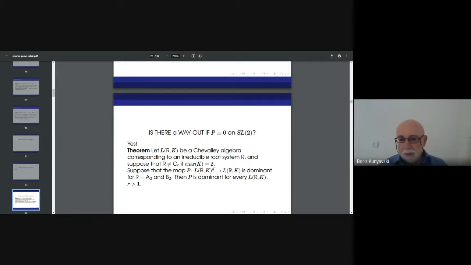So we tried to mimic Borel's proof. In what sense? We cannot do anything with the SL2 case, the induction base. So we assume that for our polynomial, the induction base holds. And here the induction base is restricted enough: A2 and B2. We do not even need G2, for the same reasons as in the group case.